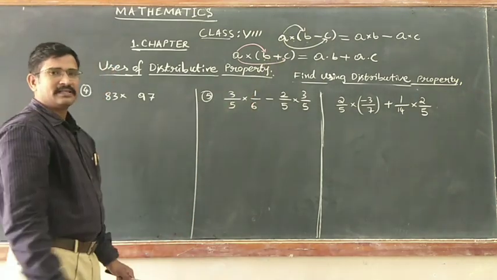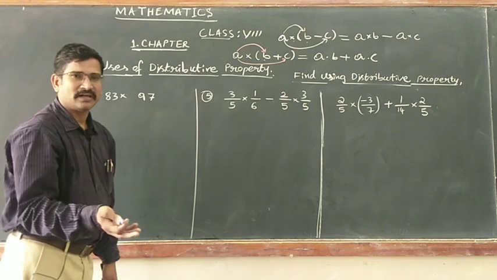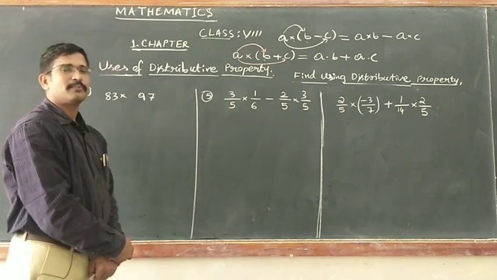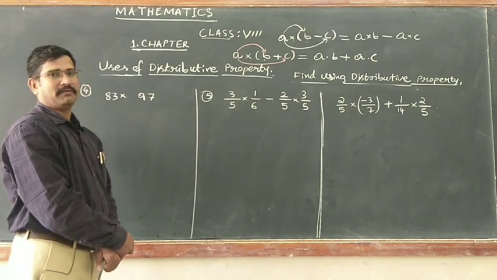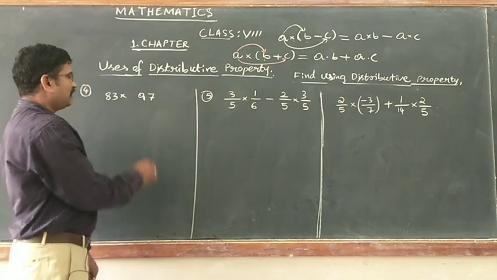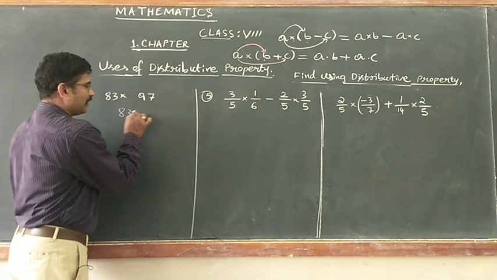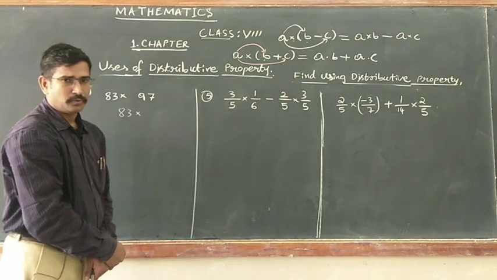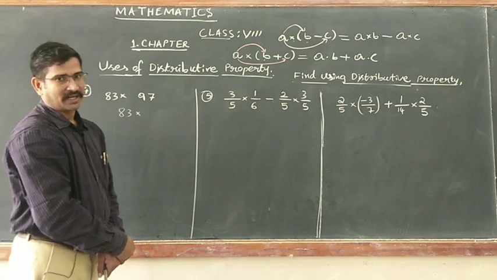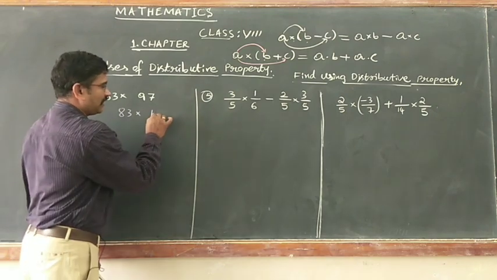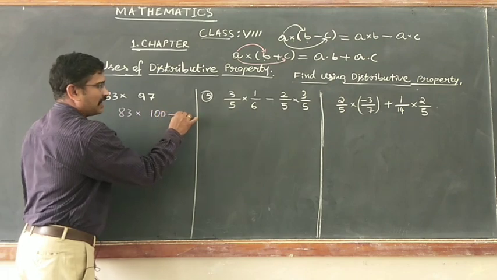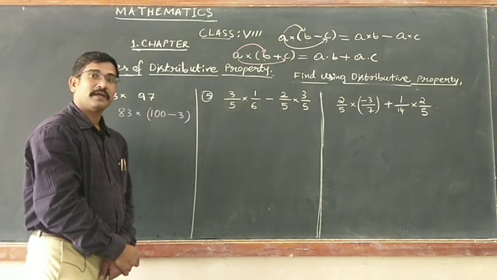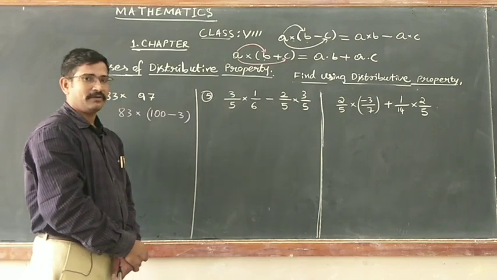Watch here, the same sort of example. I took 83 into 105 earlier; now I am taking 83 into 97. Suppose I have got this. How can I simplify? See children, 83 can be multiplied by 97, the normal procedure you know, but using a trick. The trick is writing 97 as 100 minus 3, just as I wrote 105 as 100 plus 5.